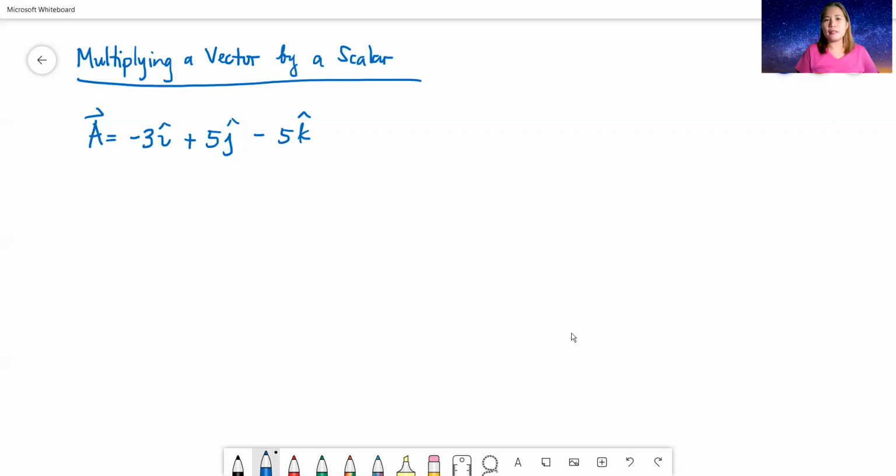I have another video where I discuss how to illustrate vectors when the components are given. So let's visualize vector A first. It has three unit vectors, so we have more than enough information to locate where vector A is.